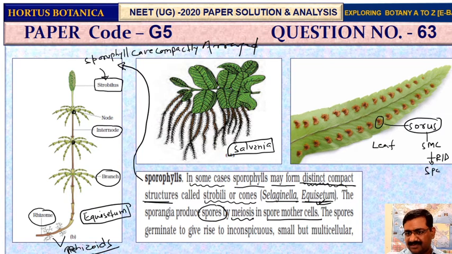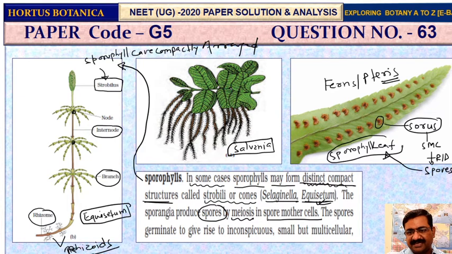So again you are finding that these ferns, the first option given in your question, produce spores on this leaf. So this leaf is called a sporophyll. By this diagrammatic presentation it is very much clear that ferns will not have strobili or cones; rather they have sori on a sporophyll. Sporophylls are present, but they are not compactly arranged.